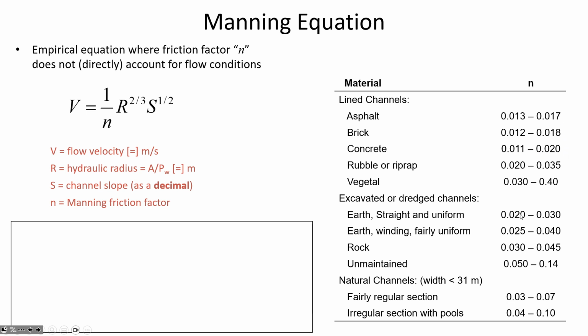And all these different material types have a range of values, and for man-made materials, it's a little bit easier for us to know what value to use as compared to natural channels.